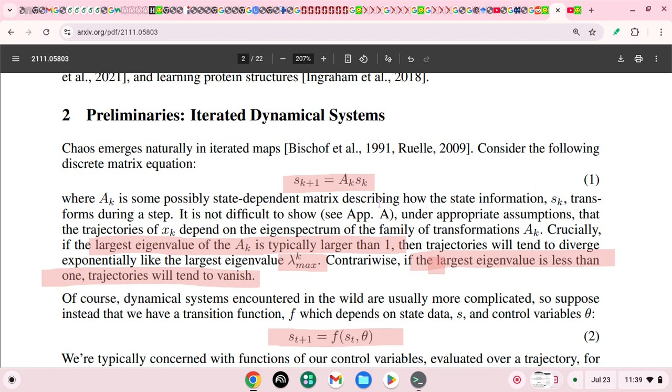So the property of A at time step k will determine whether the system will be stable or unstable. This is based on the eigenvalues of A, especially the largest eigenvalue of A. If the largest eigenvalue of A is greater than 1, the system will explode. If it is less than 1, it will converge to a fixed equilibrium solution.